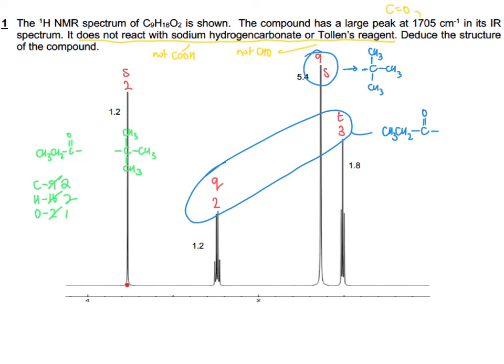But our CH2 here is above 3, isn't it? So that to me says that it's not going to be next to just one carbonyl, it's going to be next to two carbonyls. So that tells me that it's going to be CH2 and then C double bond O, then our carbonyl.